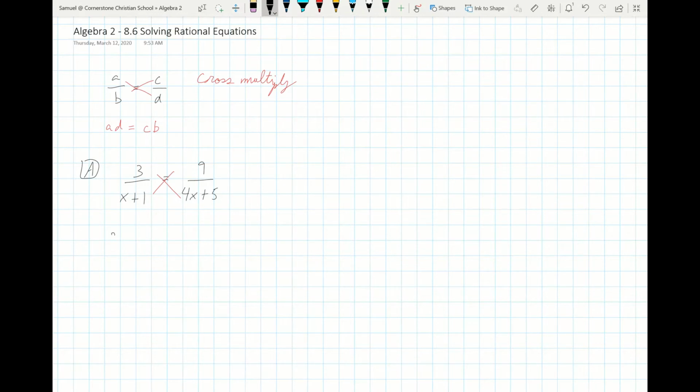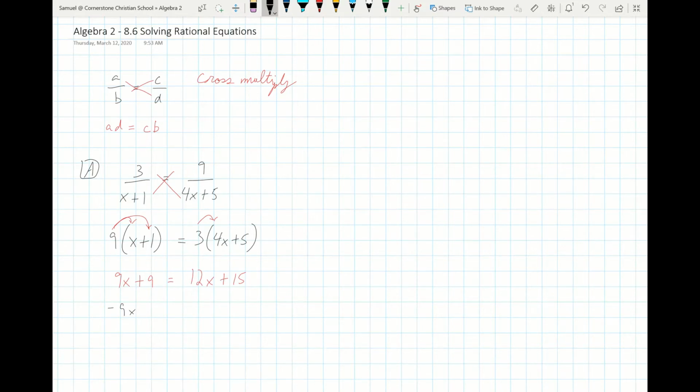So it's 9 times the quantity x plus 1, and that's equal to 3 times the quantity 4x plus 5. Then we'll distribute in both cases. 9 distributing here will become 9x plus 9. Distributing here will become 12x plus 15. Solving for x, pretty simple now.